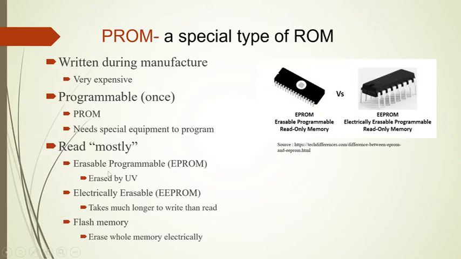Erasable programmable ROM is available, electrically erasable ROMs are available, flash drive erases the whole memory electrically. That means the flash drive we normally use for data sharing is also a type of ROM, but not the same technique as the CMOS in the computer.